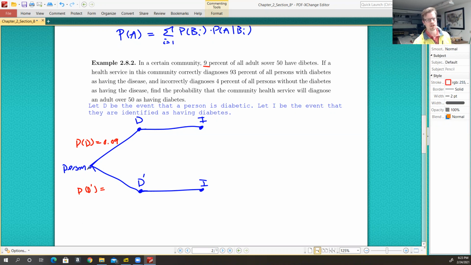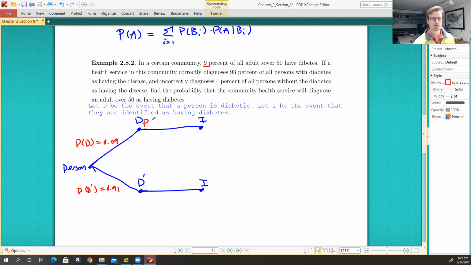D and D complement form a partition, so they are mutually exclusive events, and together they give the entire sample space. So it must be 0.91, because those two probabilities added together give us the probability of the sample space, which is 1.